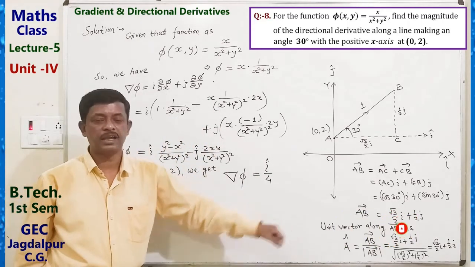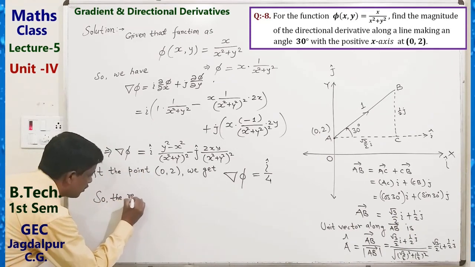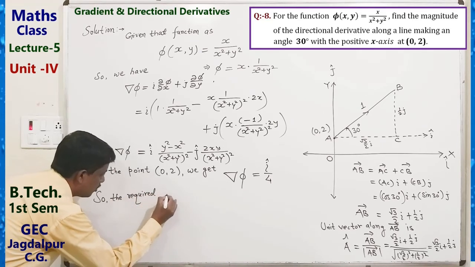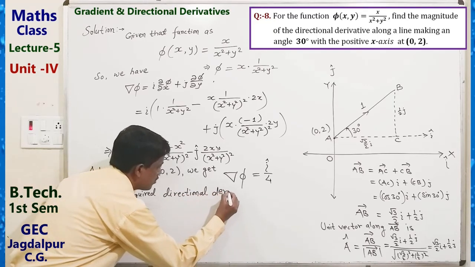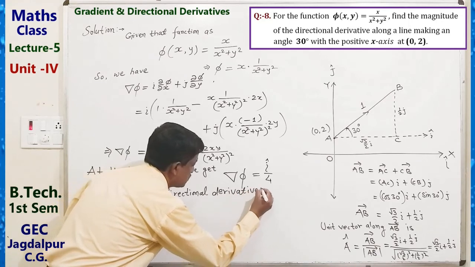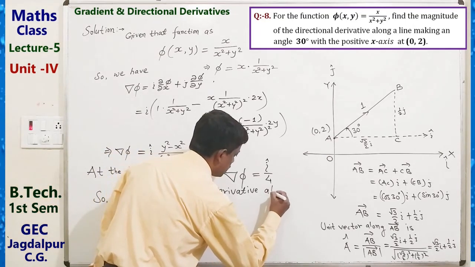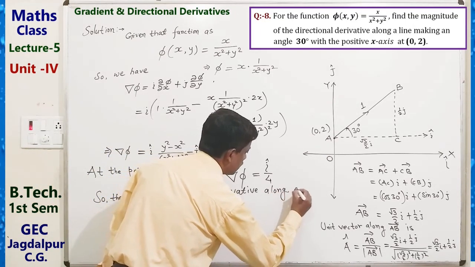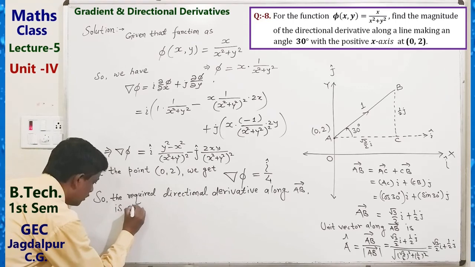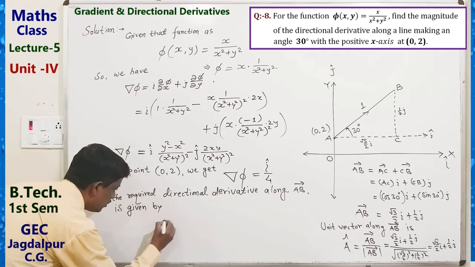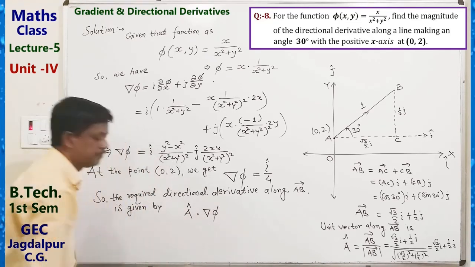Now, the direction is A cap. So the required directional derivative along AB is given by A cap dot del phi.